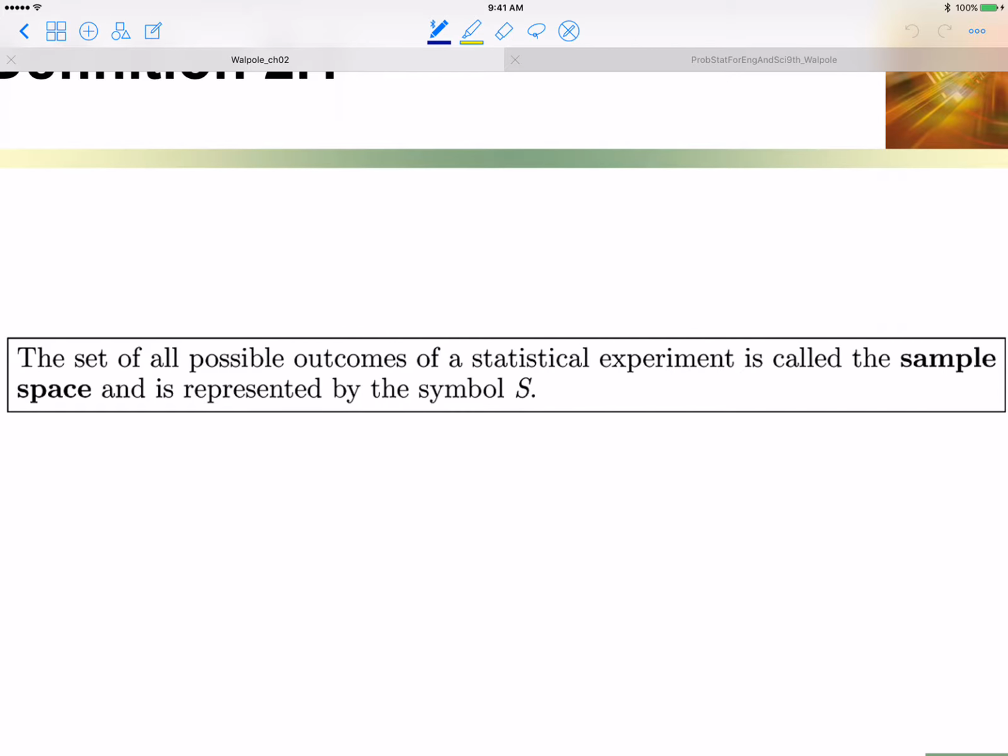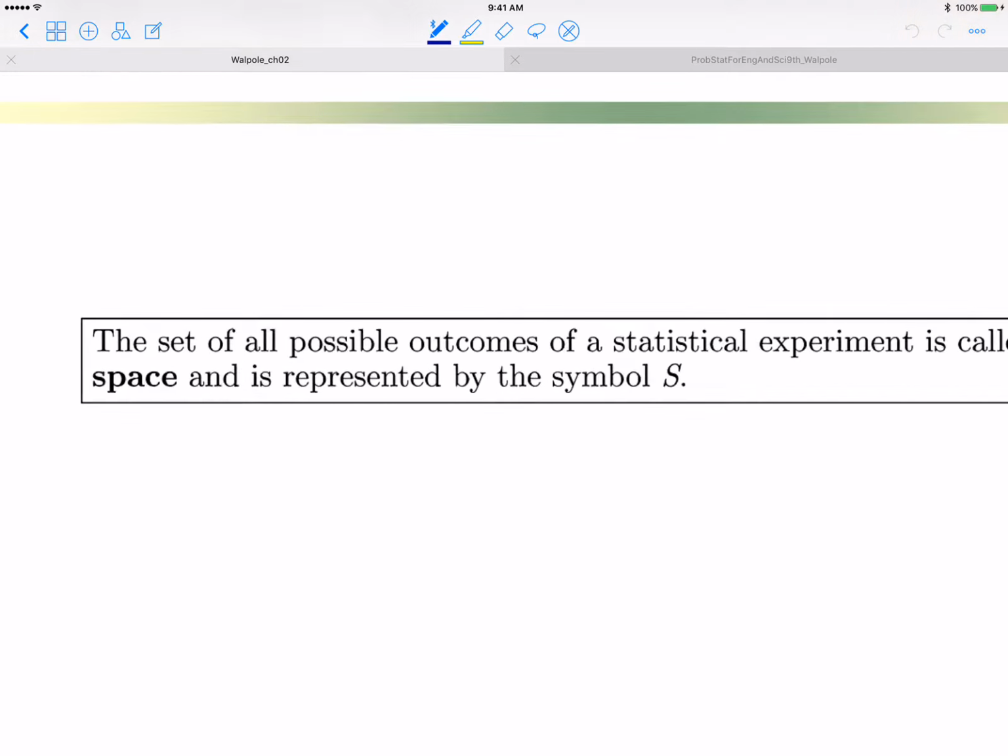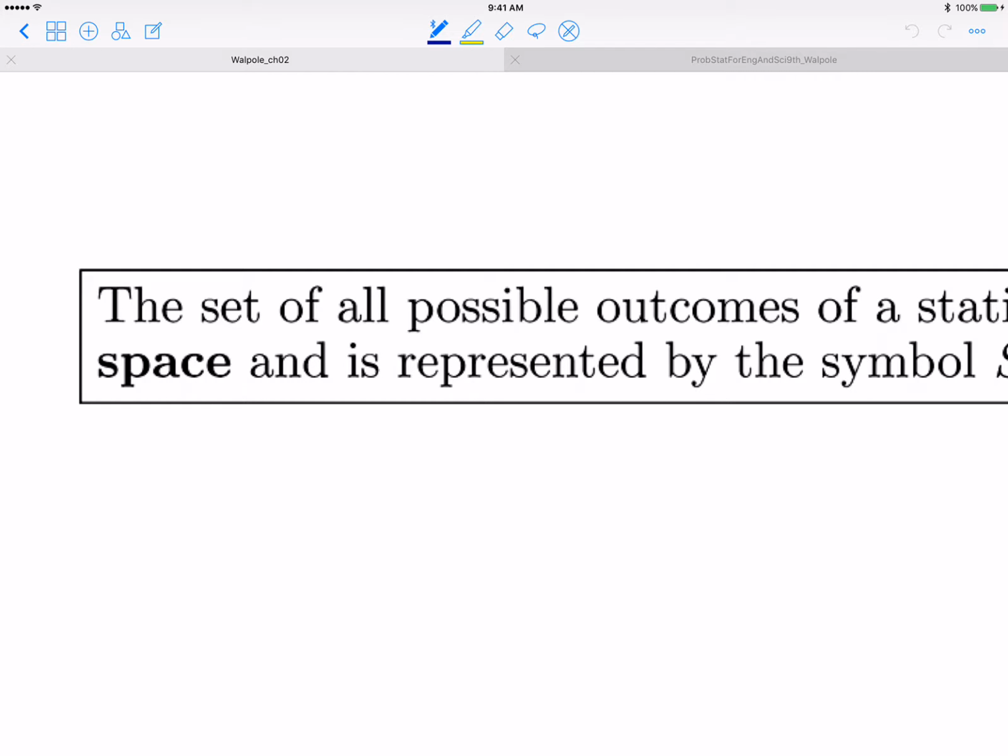Okay, so the first thing that we learn is the sample space. Sample space is basically a set. Okay, what is the set in Korean? 네, 집합이죠?